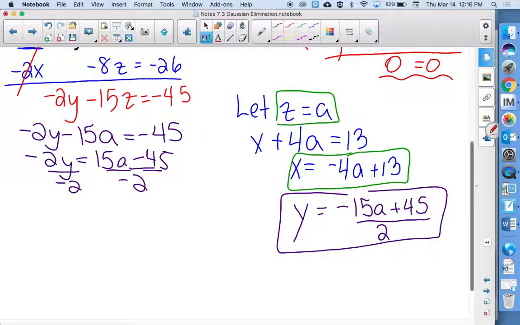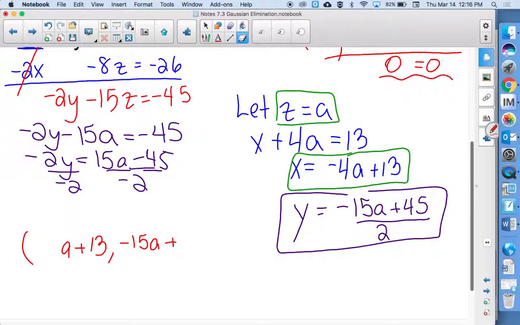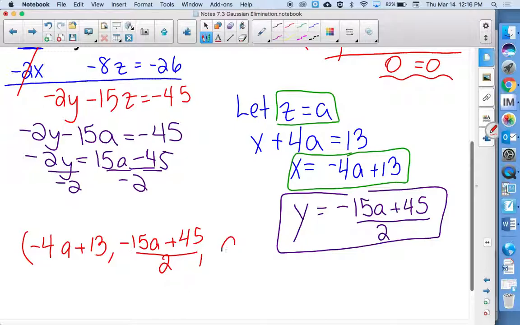So when you write your ordered triple, it's -4a plus 13, and then we have (-15a plus 45)/2, and finally z is just a.